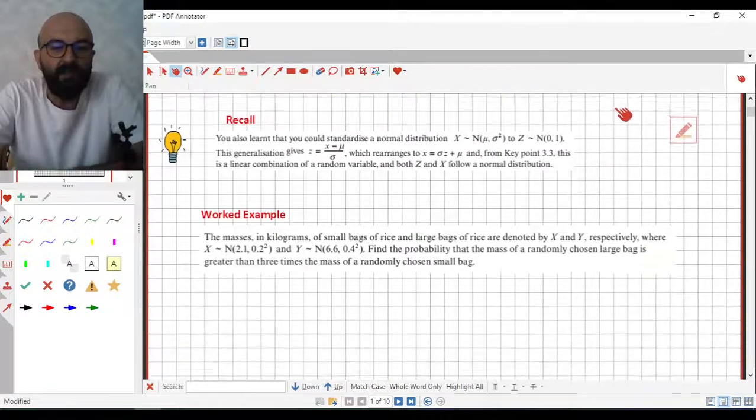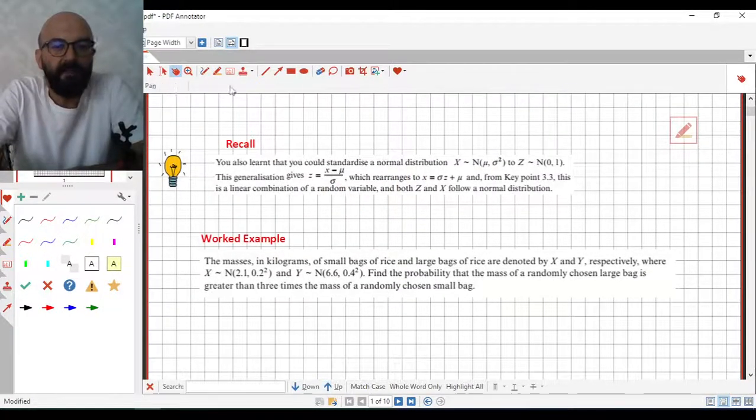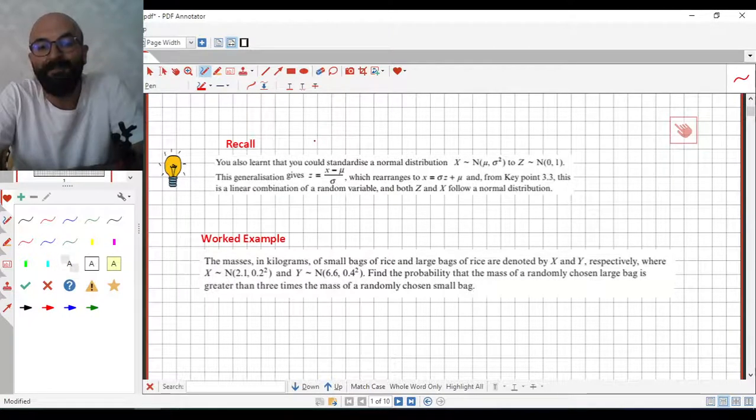As you remember, when we work on the normal distribution, we use z values.